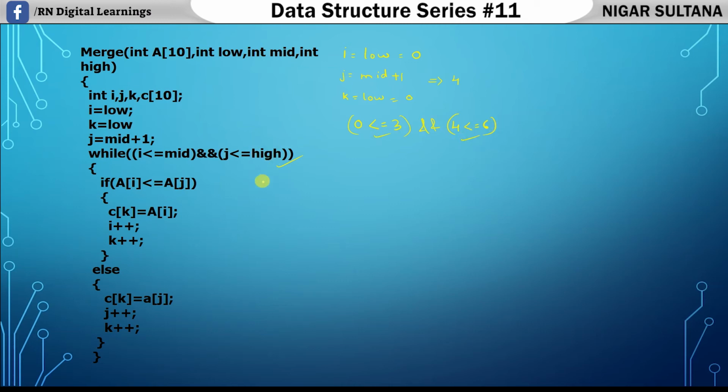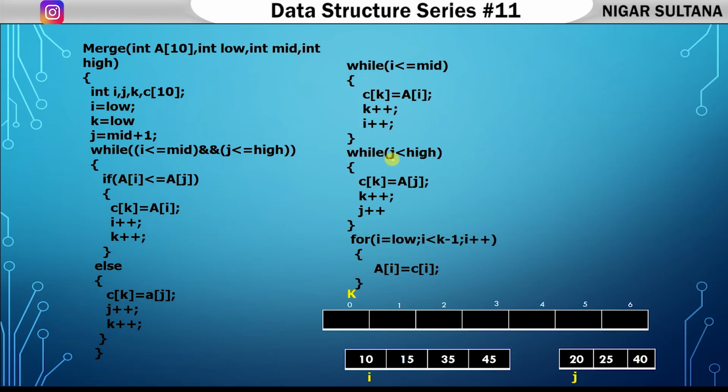If it is true, I must check the if condition, that is a of i. What is a of i? A of i is my 0. A of 0 is less than or equal to a of j. J is my 4. So what is a of i?